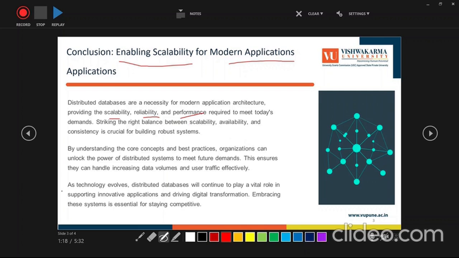As technology evolves, distributed databases will play an important role in supporting applications and driving digital transformation.